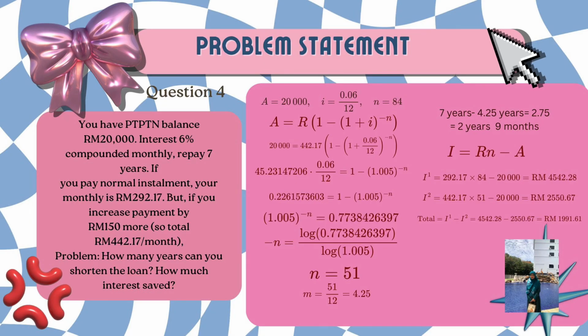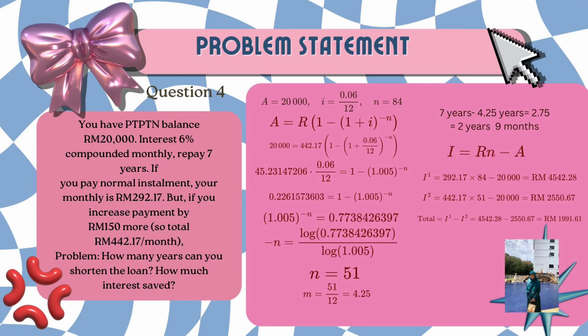When we get the answer for 20,000 divided by 442 ringgit 70 cents, we need to multiply with 0.06 divided by 12. How do we get that? Because we move 0.06 divided by 12 to the left, so it will be multiplied.